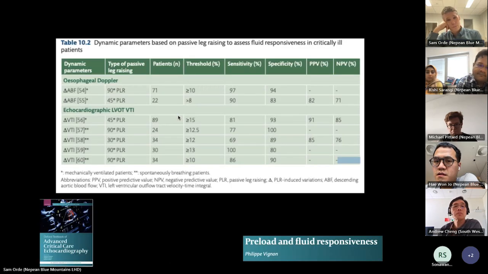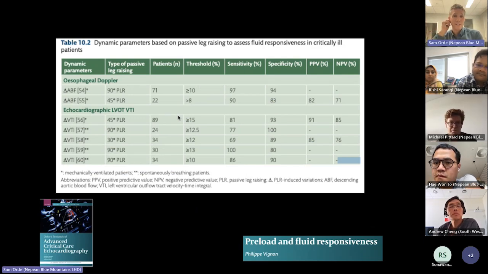So this is the evidence that they talk about, threshold changes of anywhere from 10 to 15%. This requires accurate imaging, accurate Doppler angles. And even then, I think we've got unbelievable sensitivity and specificity that's been pulled out from some of this, to be honest.